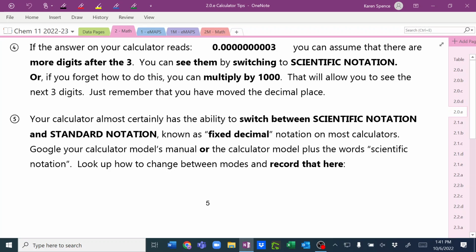Big math test? Feel free to look, help yourself. Go through there.